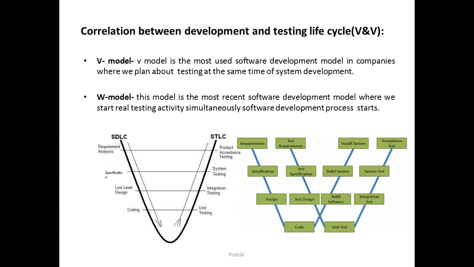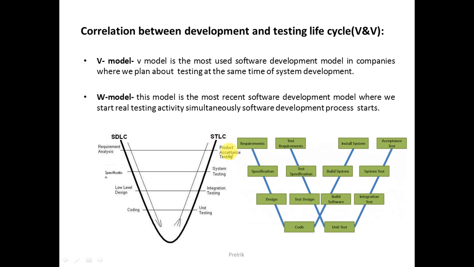Here is the V model and W model, and it will explain the correlation between the development and testing life cycle. So what is the V model? Just go to this image. It's in the shape of a V. Here it begins, and the first phase is requirement analysis. Once the requirement has been gathered, and the business analyst or any person designated for that performs the requirement analysis, at the same time that person plans for the UAT, user acceptance testing, or product acceptance testing.